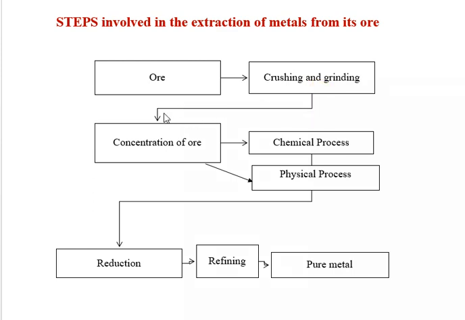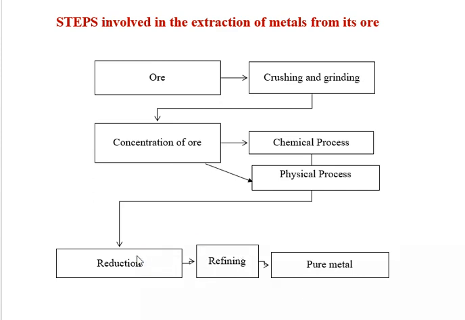After that, concentration of ore is done by chemical and physical processes. These processes we have already seen in the last video. After that, the reduction of metal oxide to metal is done by different techniques. This reduction process we saw in the last video. Today we are learning refining.